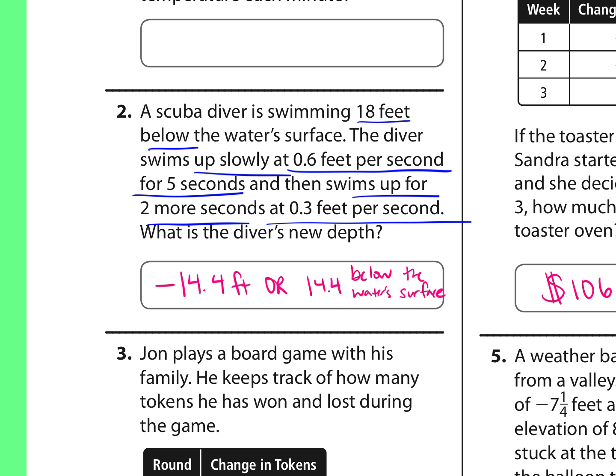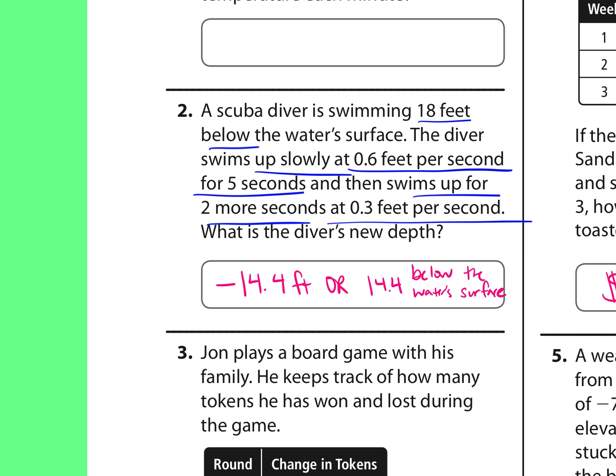So we have several elements to this to think about, but we'll just go through and mark them as we go. So, where does the diver start? 18 feet below the surface. So starts at negative 18. Then swims up at 0.6 feet per second for 5 seconds.